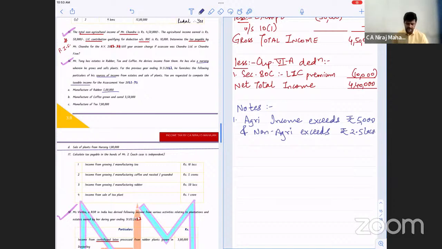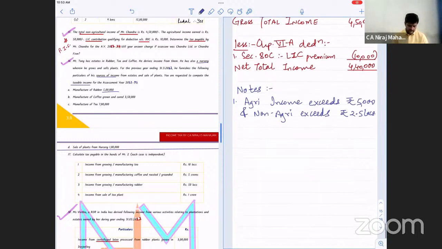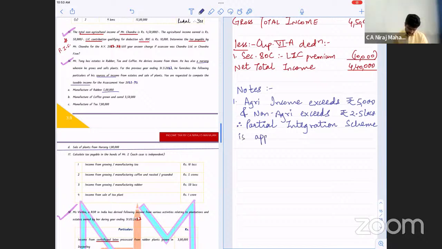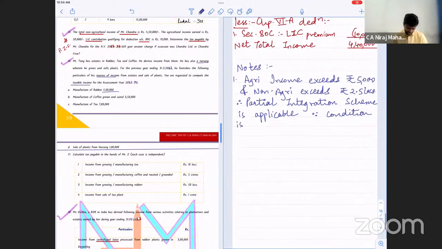So my basic exemption limit is 2.5 lakhs. Therefore, is partial integration scheme applicable or not? It is applicable, since the condition is satisfied. Correct?